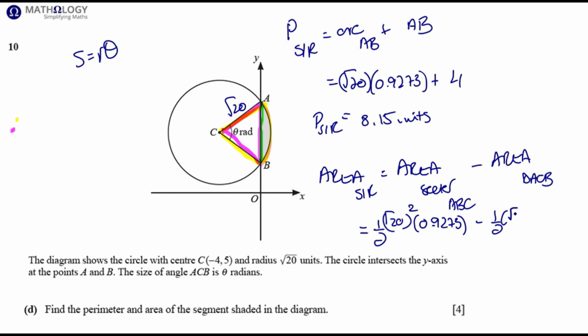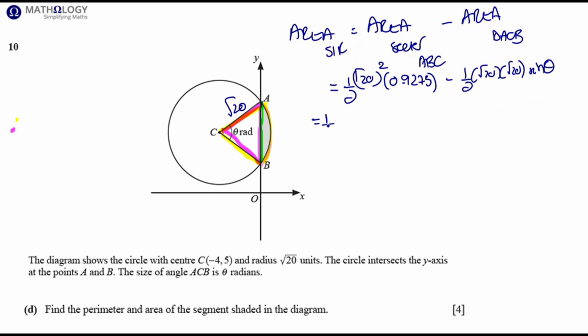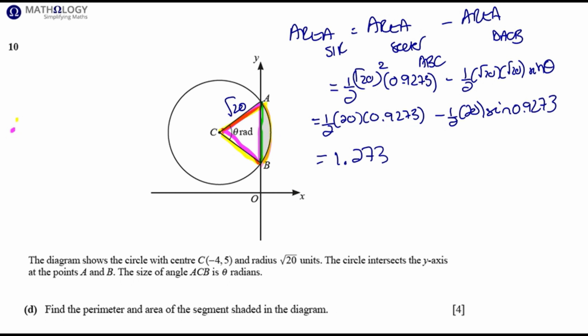So it will be half root 20 sine theta. So the area of the shaded region equals 1.273 units squared.